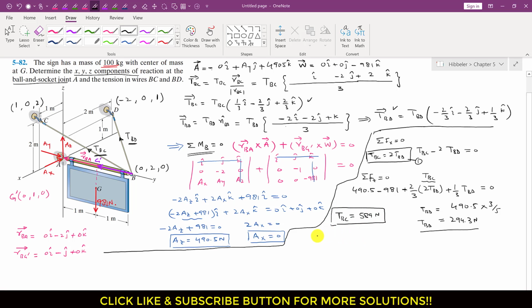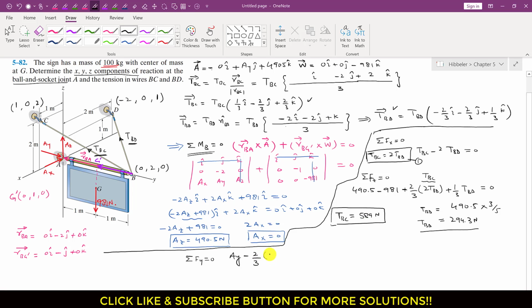And now we are left with AY. We need to find this AY. So I will apply the summation of forces along y equals 0. Then we will write this AY plus 0, and then minus 2 by 3 TBC. So I will write minus 2 divided by 3, and TBC magnitude is now known, which is 589.